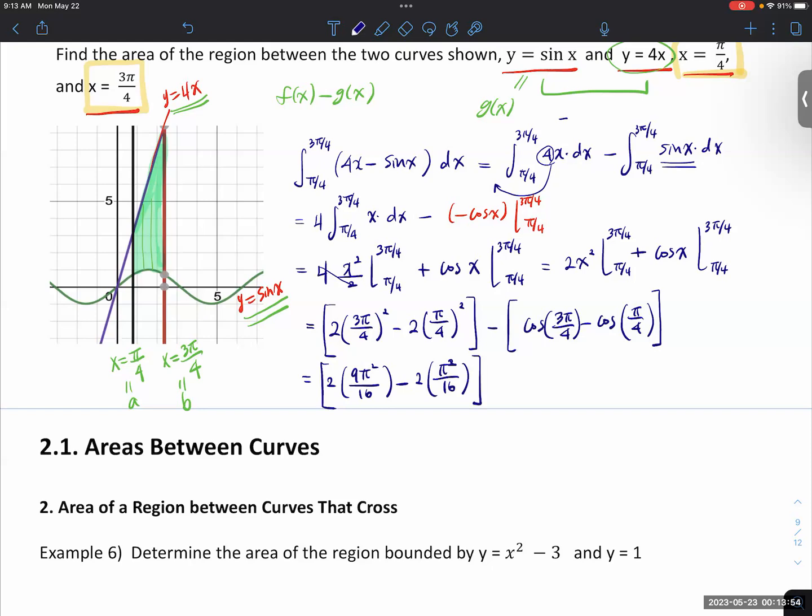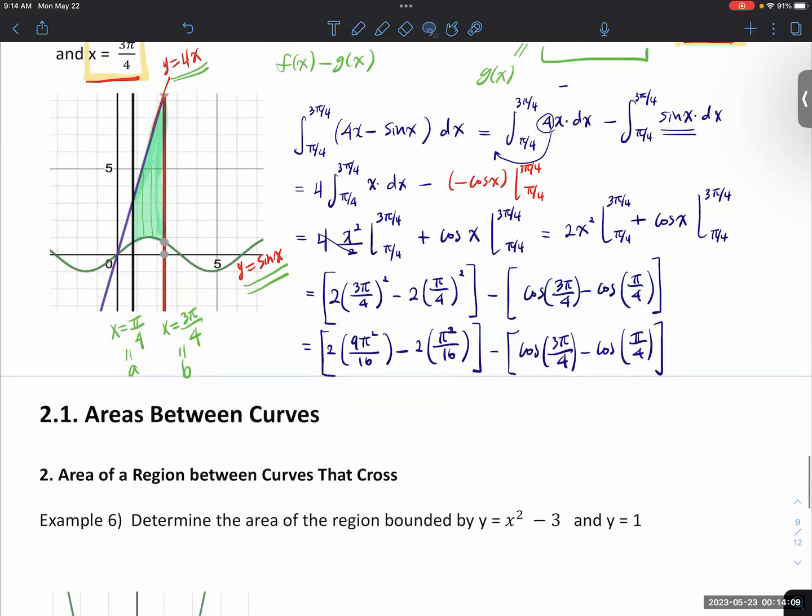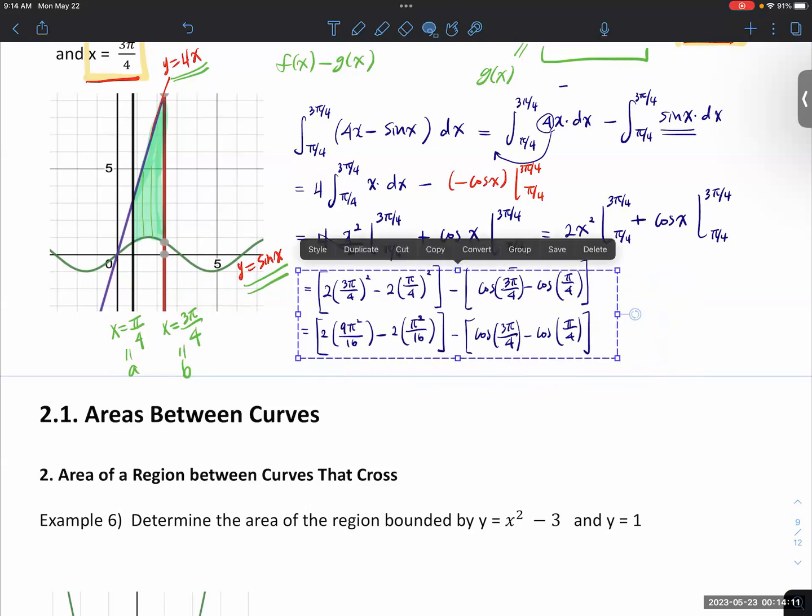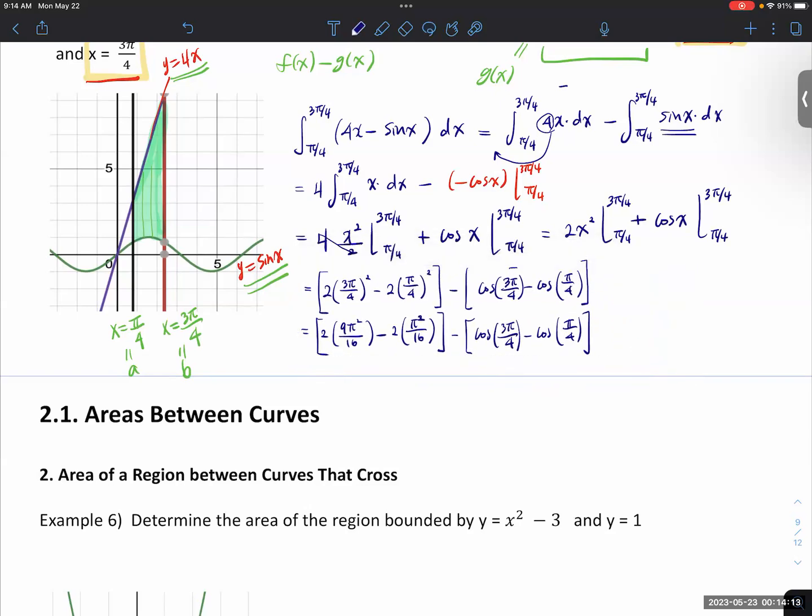Okay, and then this one, cosine 3 pi over 4 we keep, and then cosine pi over 4. We can simplify as much as we can. If I just recalculate this part, 18 minus 2 is 16. So if you subtract these two fractions, you will get just pi squared.